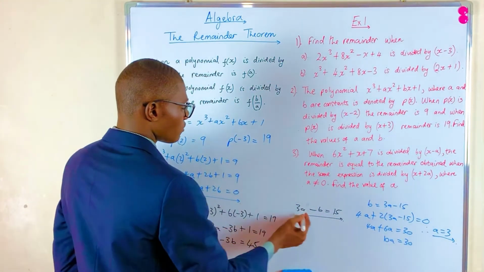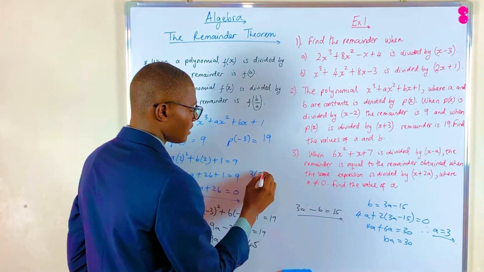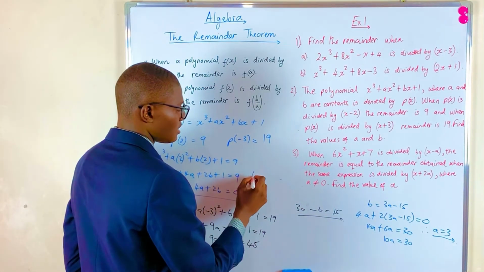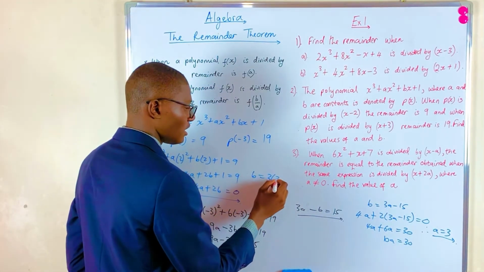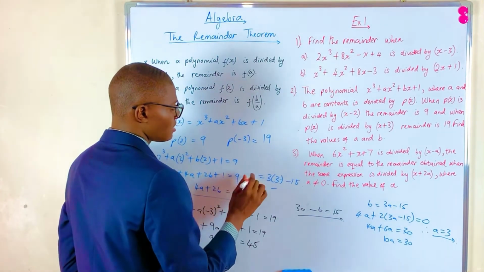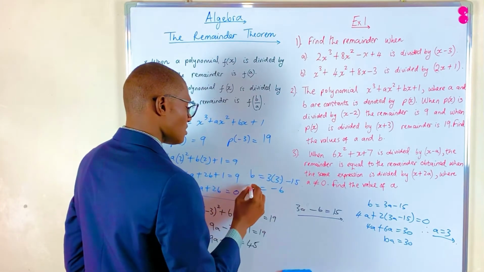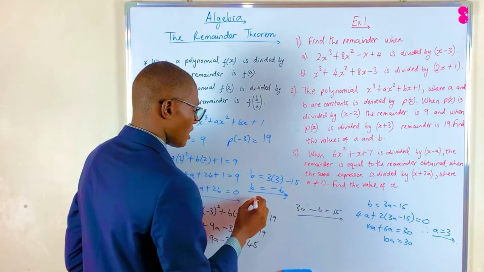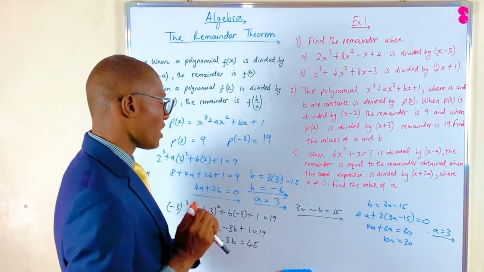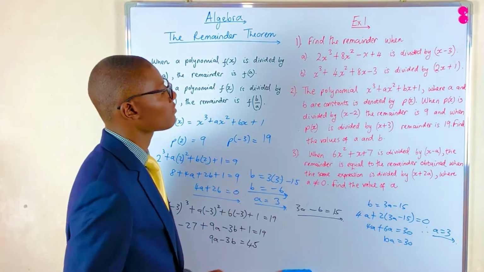And when a is equal to 3, we're simply saying b is equal to 3 times 3 minus 15. 9 minus 15, we get minus 6. So b is equal to minus 6, and a is equal to 3. So these are the two values of a and b that we get for number 2.